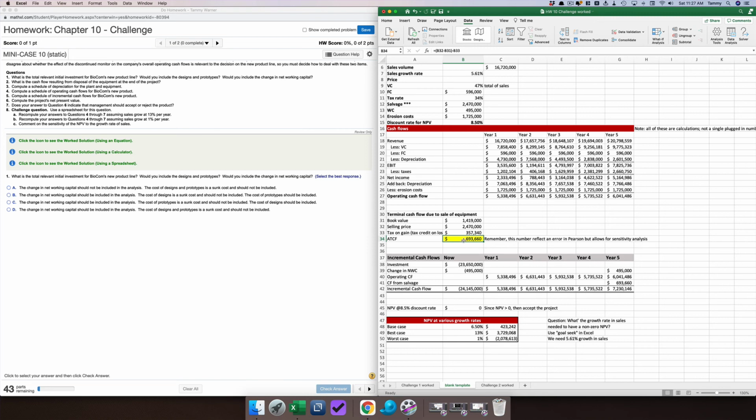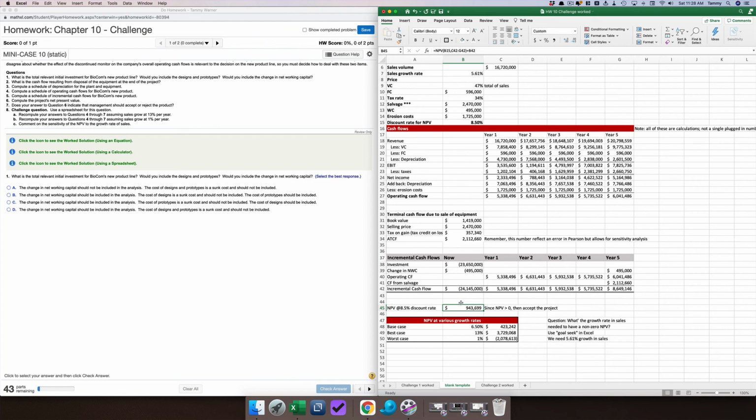And I'm not going to go through the whole process of doing copy and paste special here, but let's go ahead and redo this goal seek using the right answer for our after-tax cash flow. So let's see. Okay, so now we have the correct answer, which is 2.1 million for our after-tax cash flow. And so now our net present value at 5.61% is actually almost $1 million.